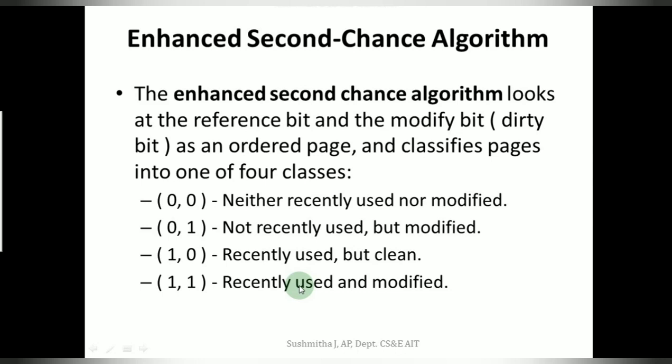If it does not find a page with 0 0, in the second pass it will try to find a page with 0 1, not recently used but modified. That is how it works with the passes. The main difference between second chance and enhanced second chance is that it prefers replacing a clean page when possible.